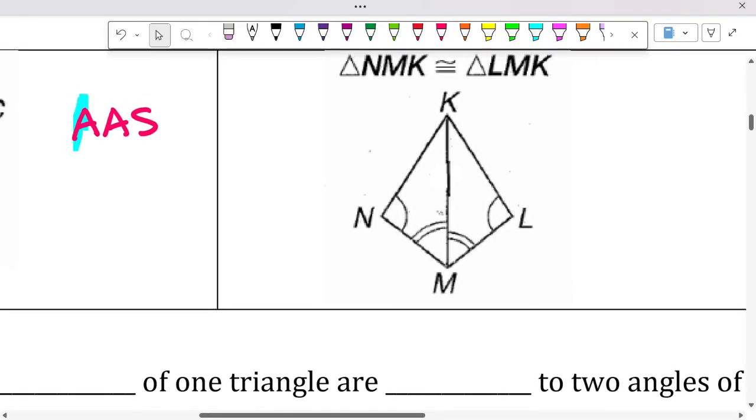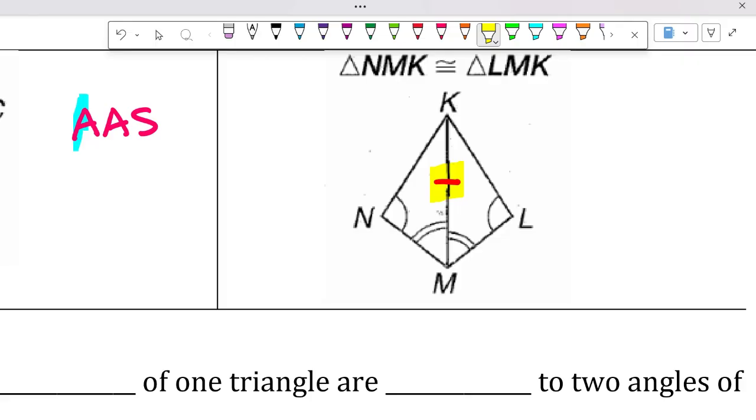If I look at this one, first off, can I mark anything? Is there anything that I need to mark? KM, because reflexive property. So, is KM the included side or the non-included side?